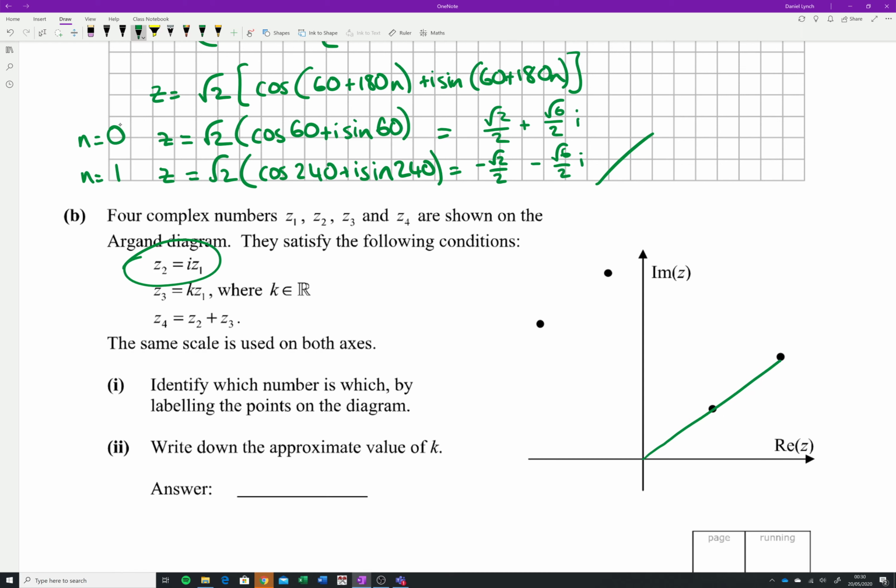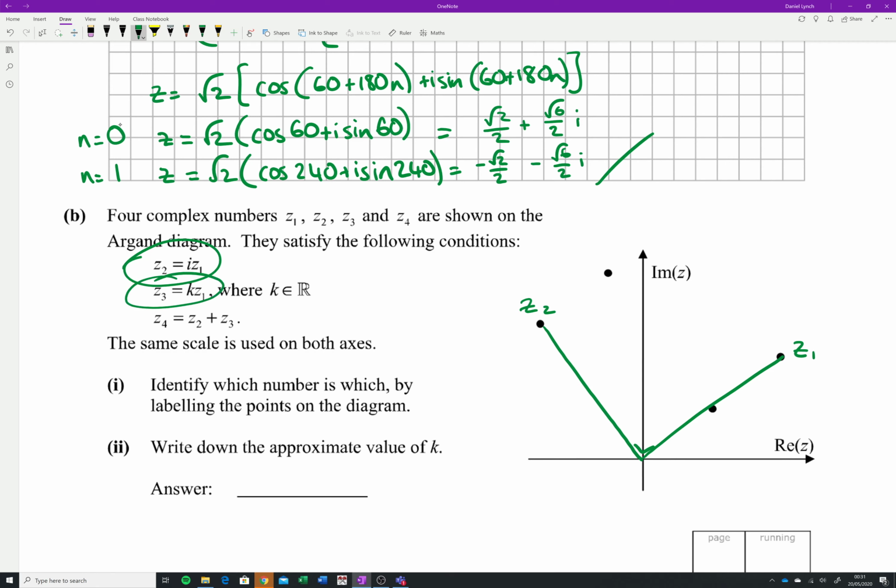So that to me looks like a 90 degree one, and I don't think you would get that from any other one. So for me, and it's that length is the same as that whole length there. So in this case, I'm going to say this was Z1, it got multiplied by i, and it went to Z2. I think that's a pretty reasonable one.